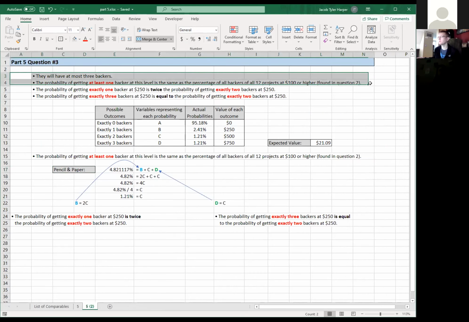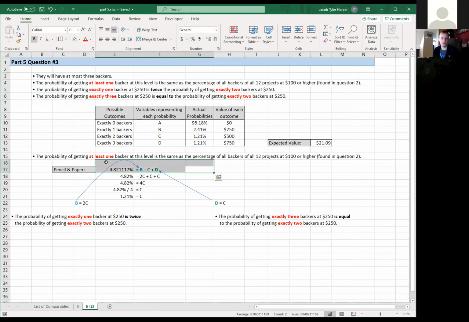Then the question in part 5, we left off last time with a little bit of algebra, where we were essentially taking these 4 bullet points that were in the workbook and converting them to equations. I left you with this one right here. That percentage that we just talked about was equal to these 3 probabilities added up. But then we got 2 more equations from the final 2 bullet points.